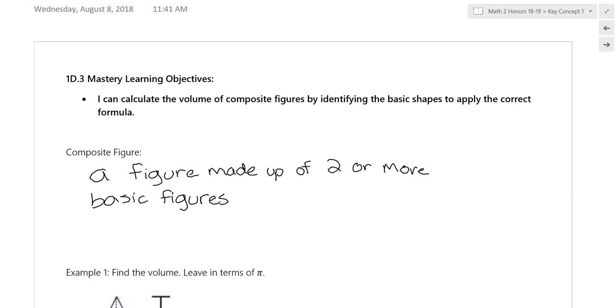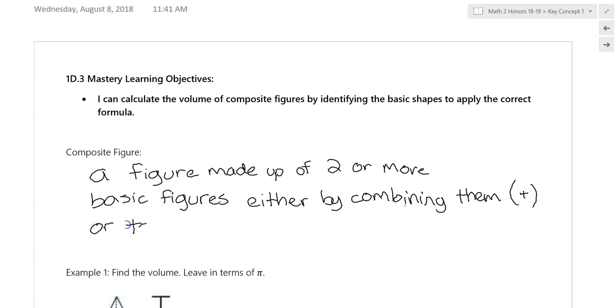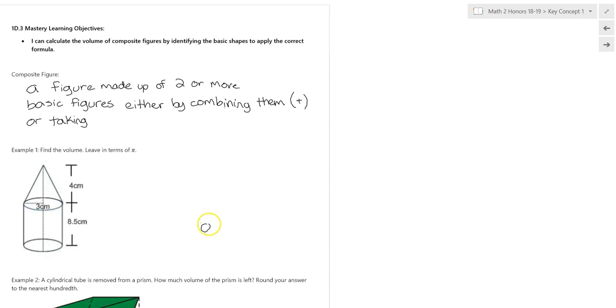Okay, cylinder, cone, prism, all of those are basic figures. Either by combining them, where we use addition, or taking one out of the other.